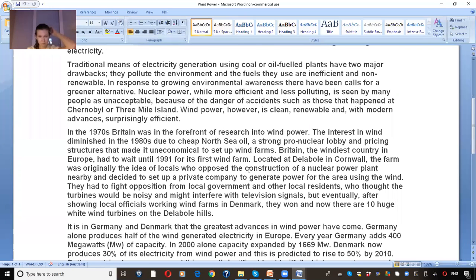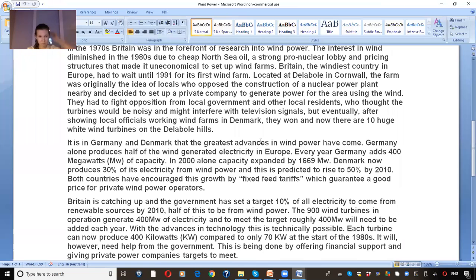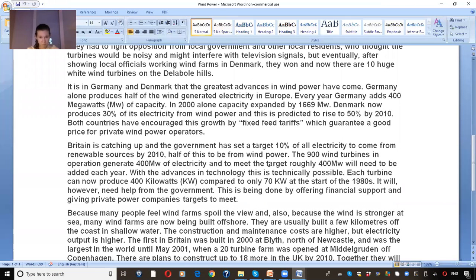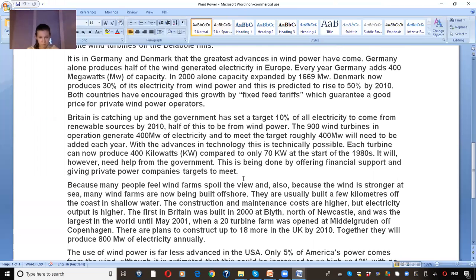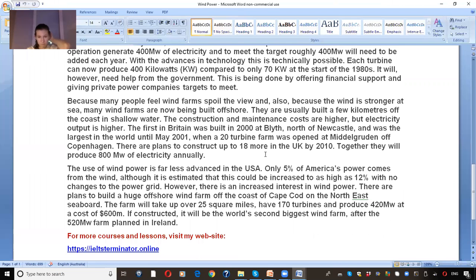Germany and Denmark, great advances in wind power. Good. Britain is catching up, and the government has set a target of 10% for all electricity to come from renewable resources. Okay, we make a little note on that. Because many people feel wind farms spoil the view, okay, there are some people who want it to look pretty rather than practical.